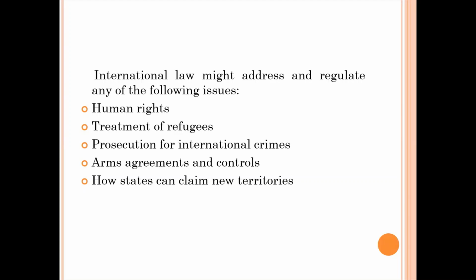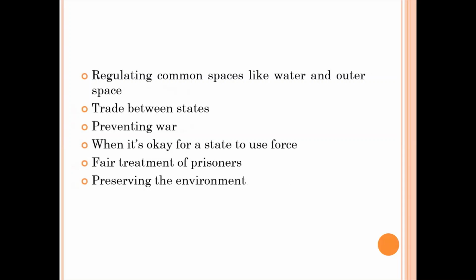These are all mentioned in international laws, all to prevent wars and so on. Then regulating common spaces like water and outer space, trade between states, preventing wars, when it is okay for a state to use force, and fair treatment of prisoners, as countries will exchange their prisoners, or when a citizen of one country commits a crime in a different country, then how to treat them.